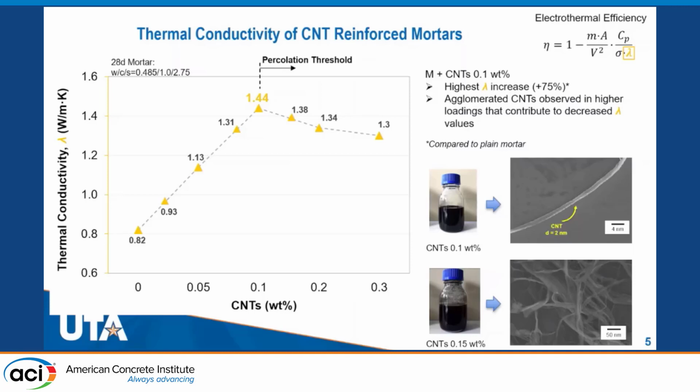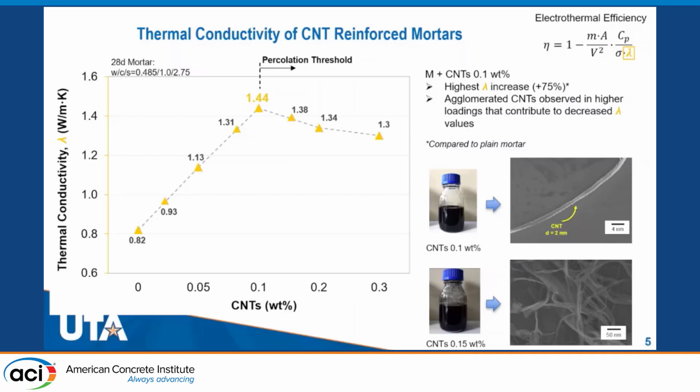Here I'm showing the results of the mortars reinforced with nanotubes, starting from low amounts up to 0.1, and then for higher amounts up to 0.3% per weight of cement. We see a different pattern here compared to the electrical conductivity.